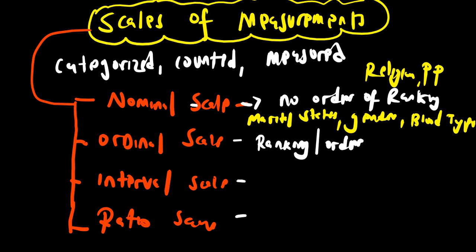Now in as much as you can put this data in order, there are some exceptions. For example, precise differences between groups do not exist.